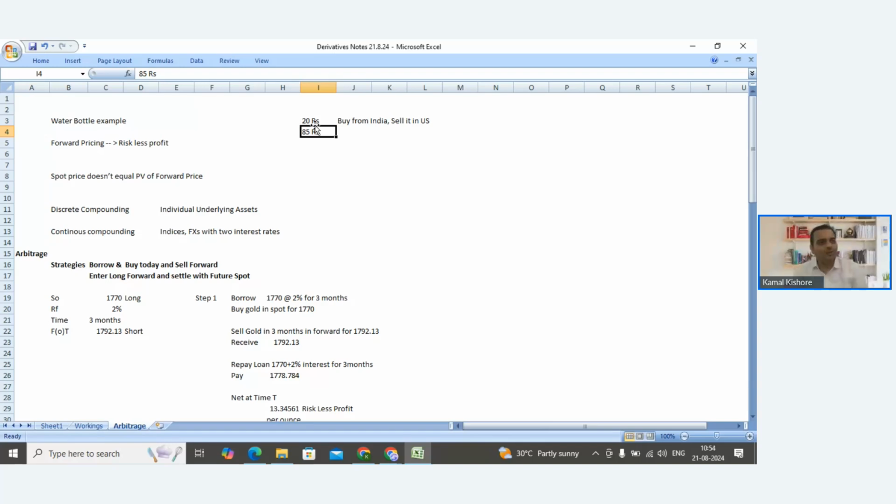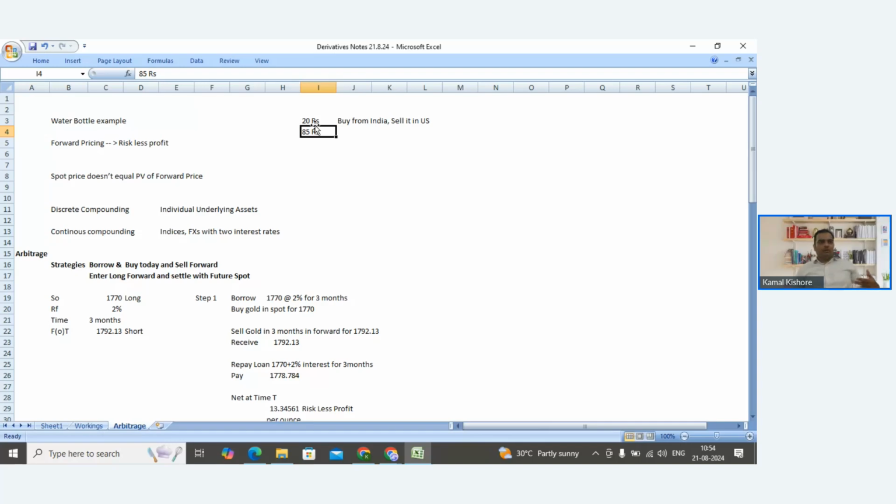Demand and supply will come into play. Everyone will buy from India, so the price of this product will go up, and everyone will sell in the US. Too much supply in the US, so the price will come down. At one point in time, there is no gain or loss by buying it from here and selling it there.